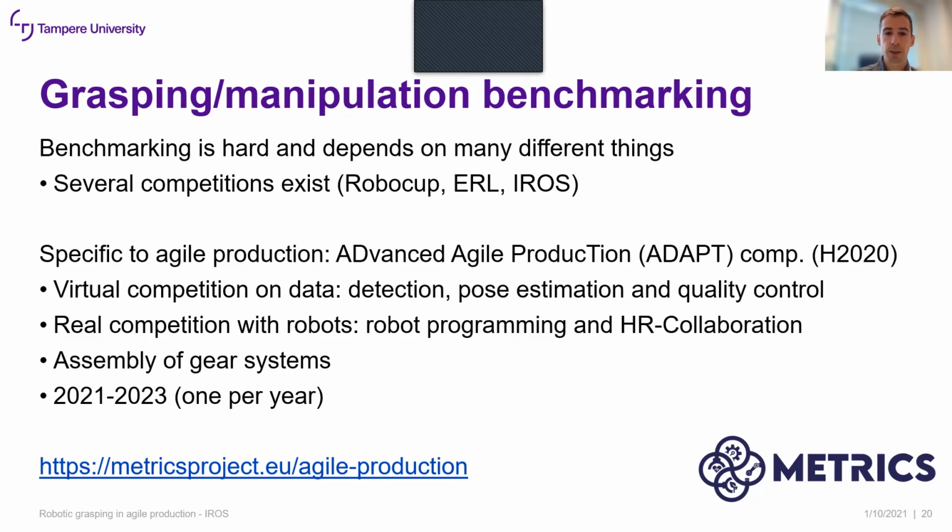So for data, we consider object detection and object pose estimation, and also quality control of a fixed assembly. And this data is then used to do a real competition with robots, where a robot needs to be programmed in collaboration with a person to do grasping. The systems we consider are gear systems and the assembly of those. This is a competition that will be held once per year from now on. And if you are interested or want to compete, then I put here a link for more information.